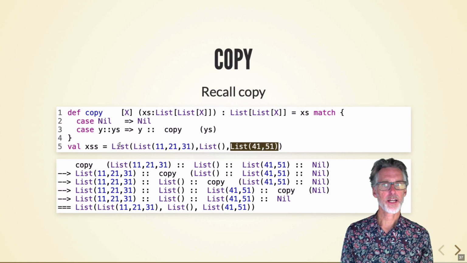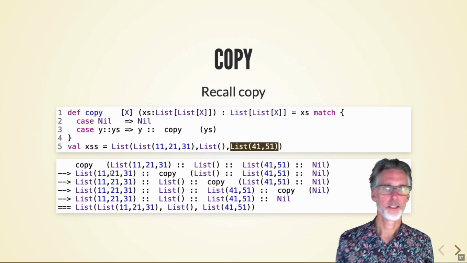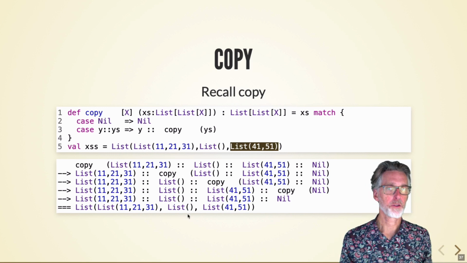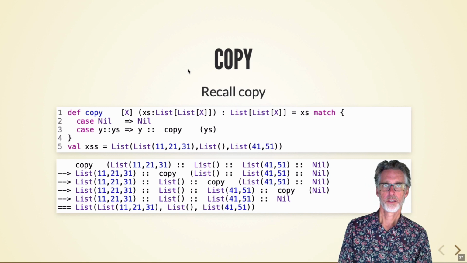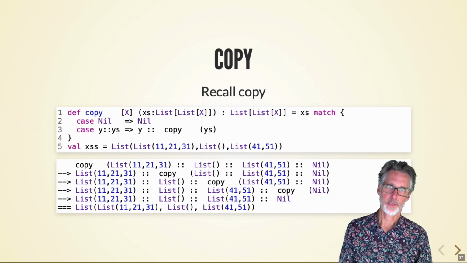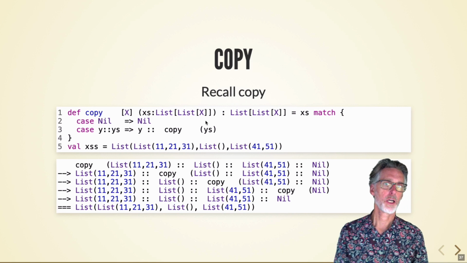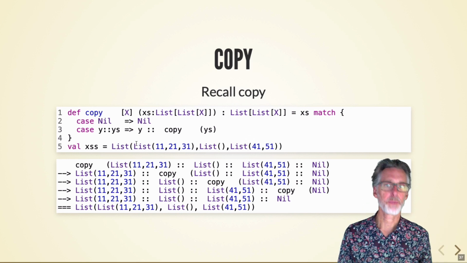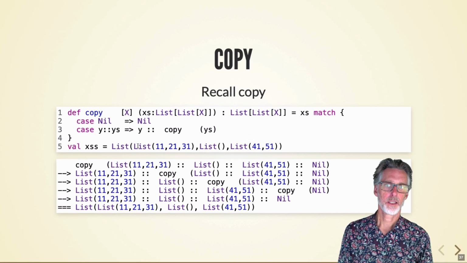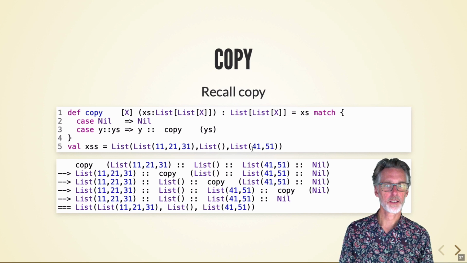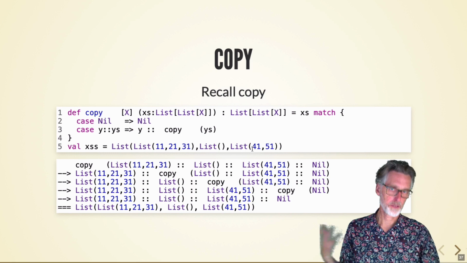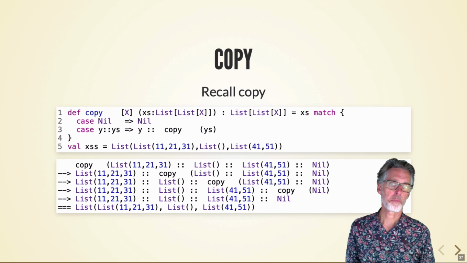And of course, if I copy, what it's going to do is create a new list referencing those 3 lists. This is a shallow copy that creates 3 new cons cells. It will not recursively copy the sublists. It just copies the top level list and aliases its contents between the original list and the copy.